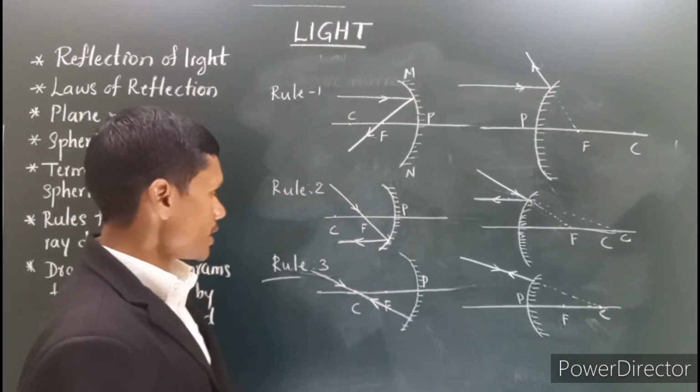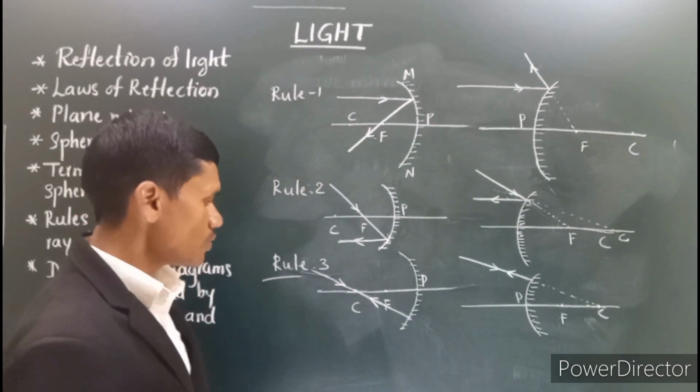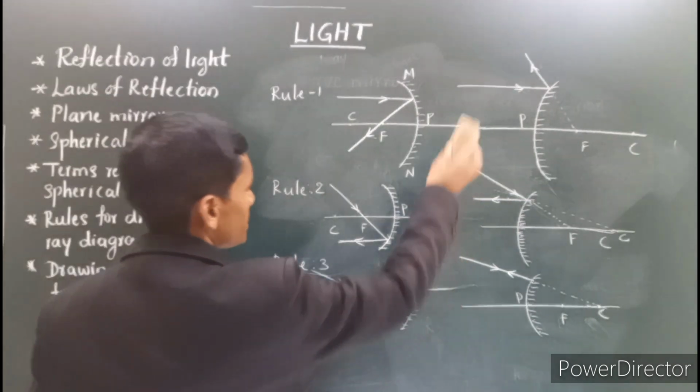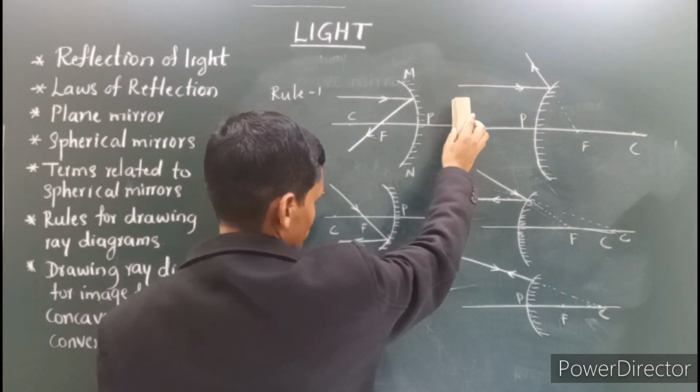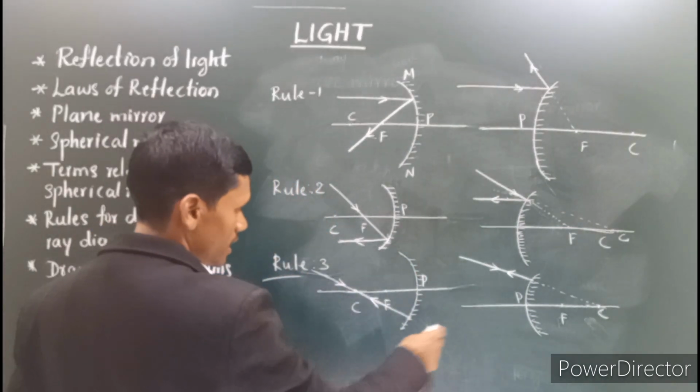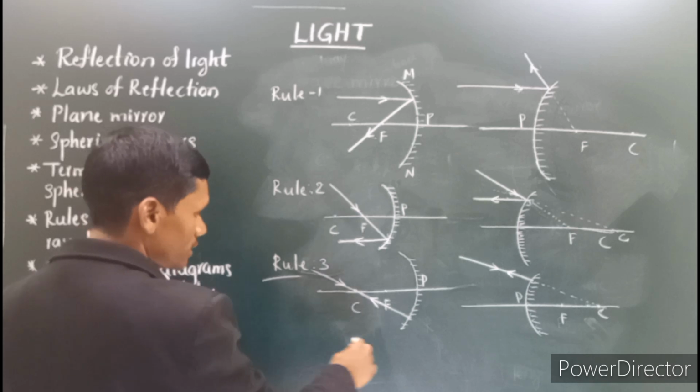Now let us go ahead to rule 4. What does it say? That is the last rule. Let us remove this one. I hope it will be visible to you all.